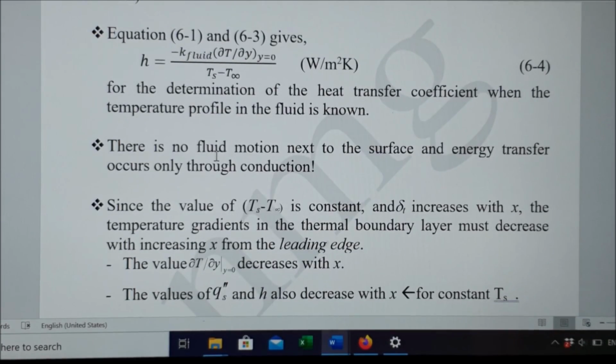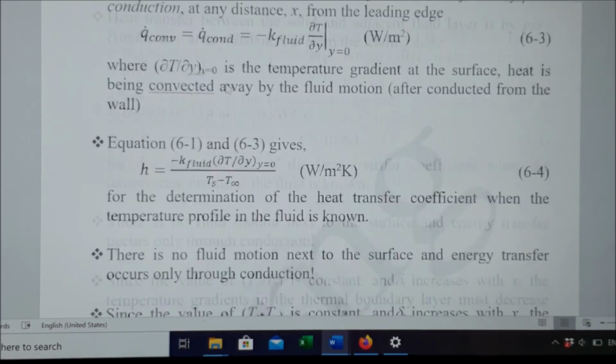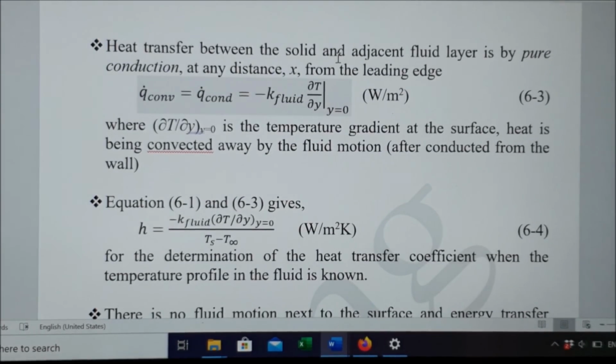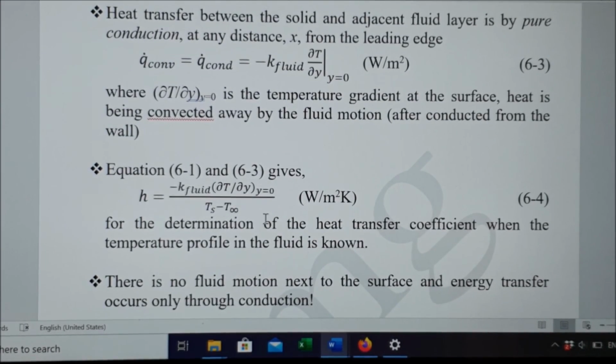If you look at the example shown earlier, we imagine an isothermal condition at Ts on the solid wall, so the denominator would be a constant.